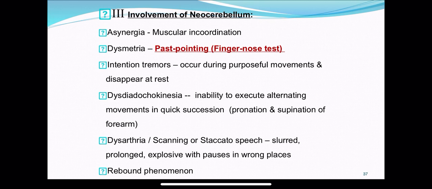Rebound phenomenon is a very different kind of phenomenon where the patient is unable to check the action of agonist muscles by the corresponding antagonist muscles. Suppose you have your biceps, the flexor, and triceps, the extensor of the elbow. To what extent the biceps is contracting, the triceps will know, because the next movement is going to be triceps.